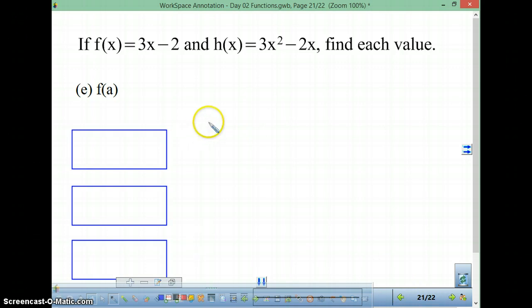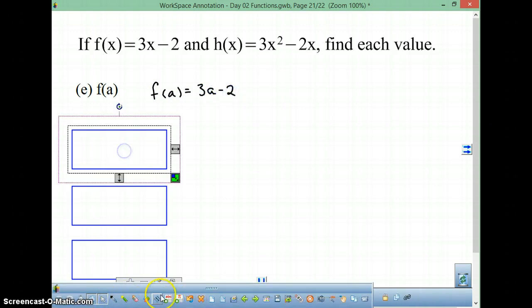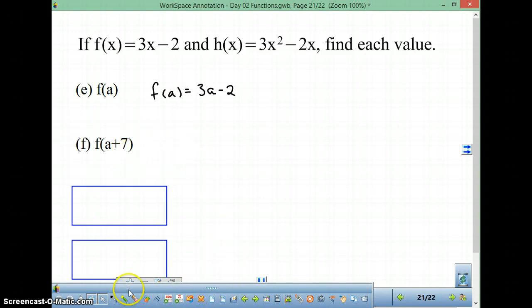All right, try this one, getting a little harder. F of A. Well, all you're doing is replacing the variable with A. So this is actually really easy. F of A equals 3A minus 2. Let's make it a little harder. Try this one. F of A plus 7.